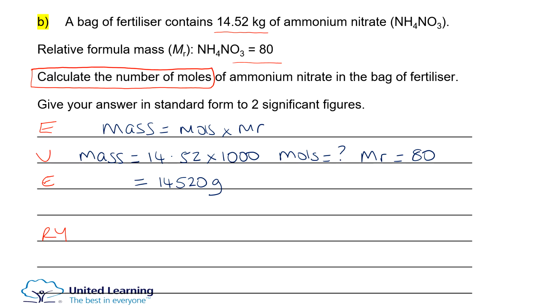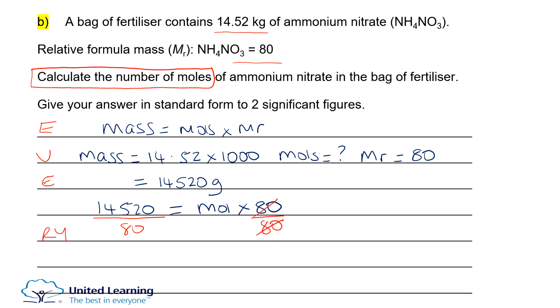We then go on and rewrite the equation with the substitution. So we have 14,520 equals moles times 80. In order to make moles the subject of the equation, we can simply divide by 80, hence cancelling that out on that side, and what we do to one side, we have to do to the other.